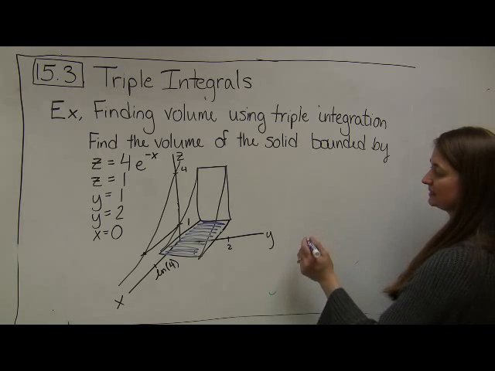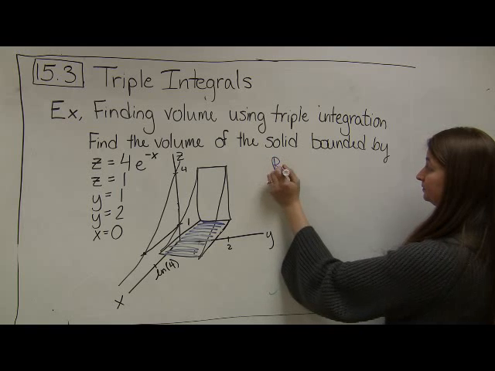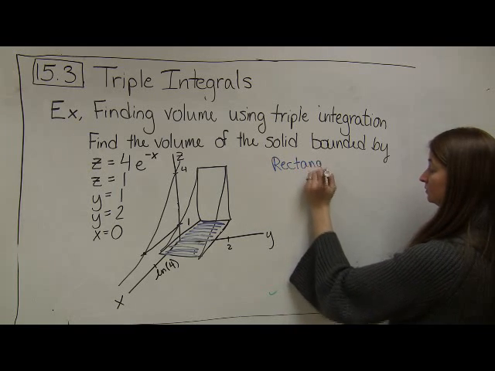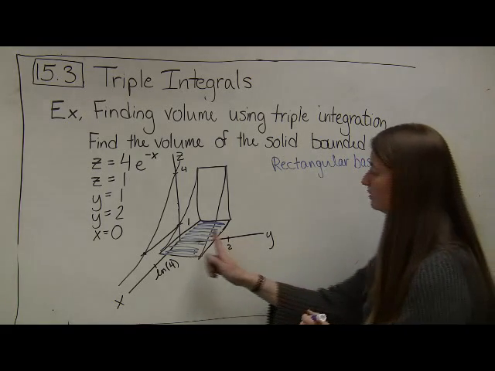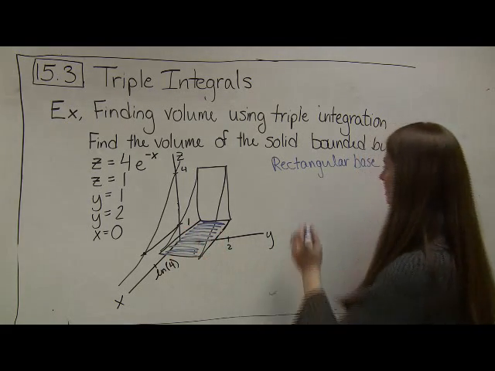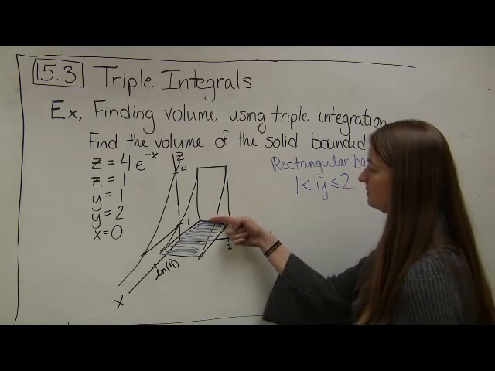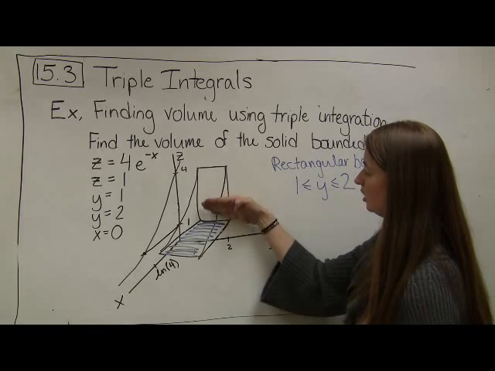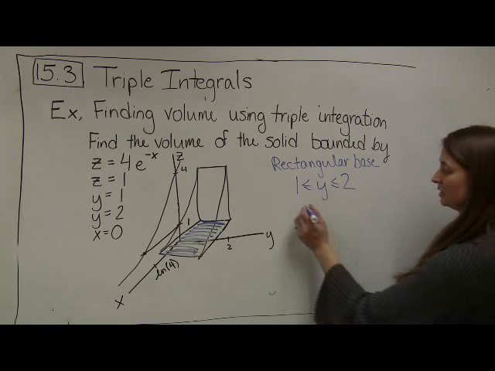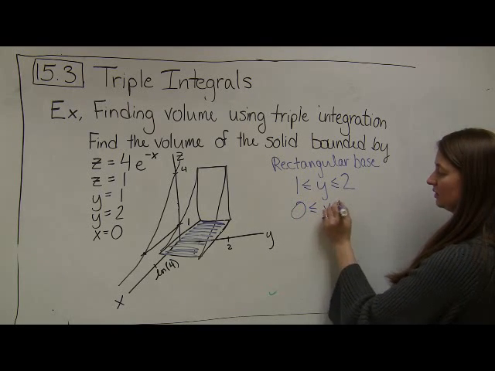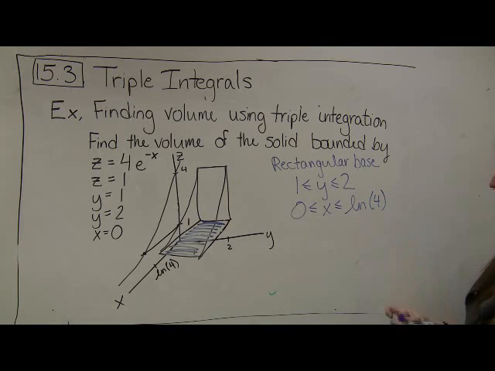The bounds on my base are easy because this skateboard has a rectangular base, where my y values go from y equals 1 to y equals 2, and my x values go from x equals 0, this back plane, all the way out to the intersection point that we already found. So our x values go from 0 to the natural log of 4. Those are the bounds on our base.